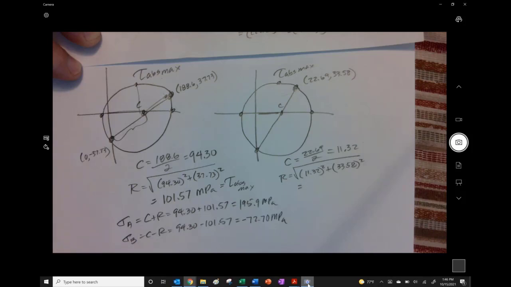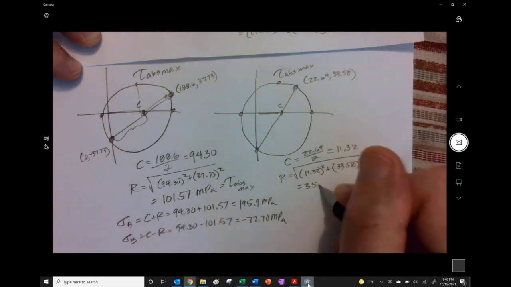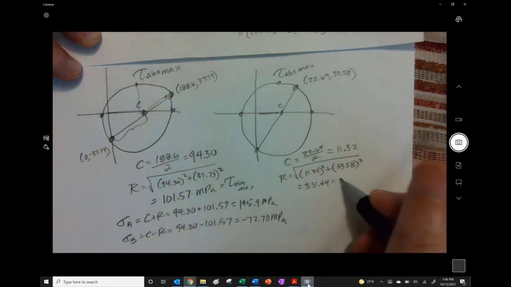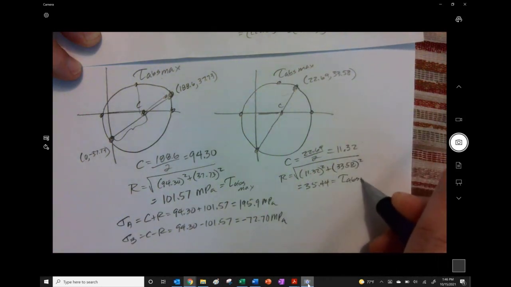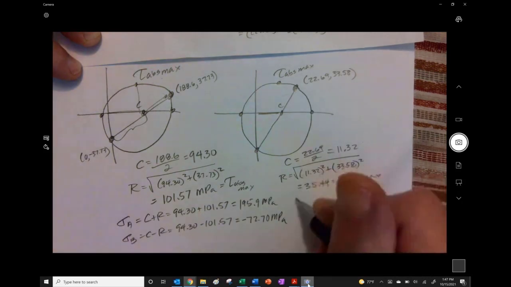What did I just do? I was just about to do. All right, my mind's getting distracted. Let me get back on track. 35.44. I think I might have made a mistake on that one. And that's the tau abs max. 33.58 squared plus C squared. I got it right. Okay.